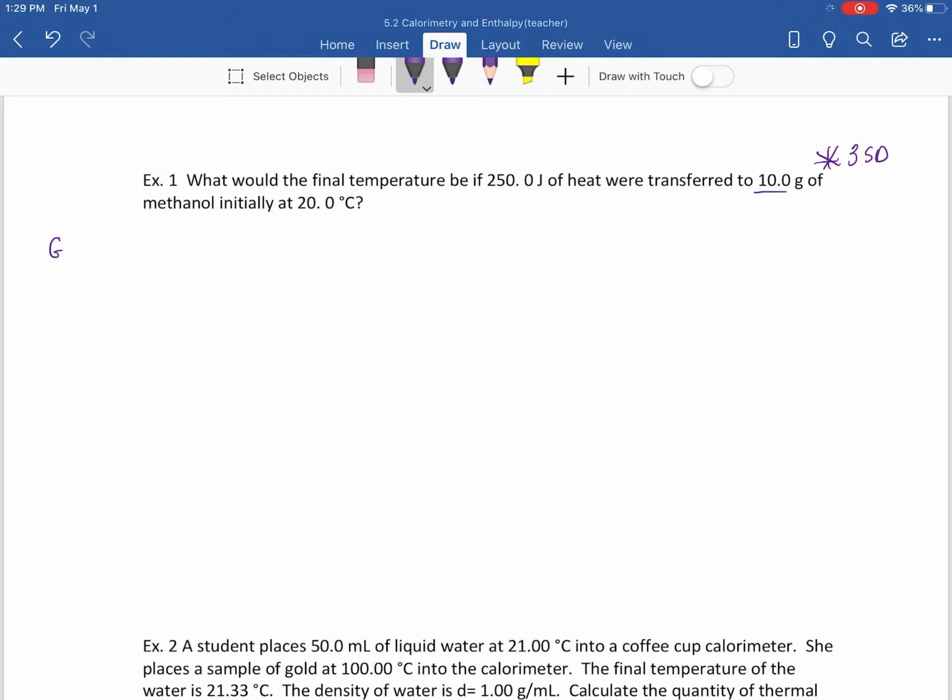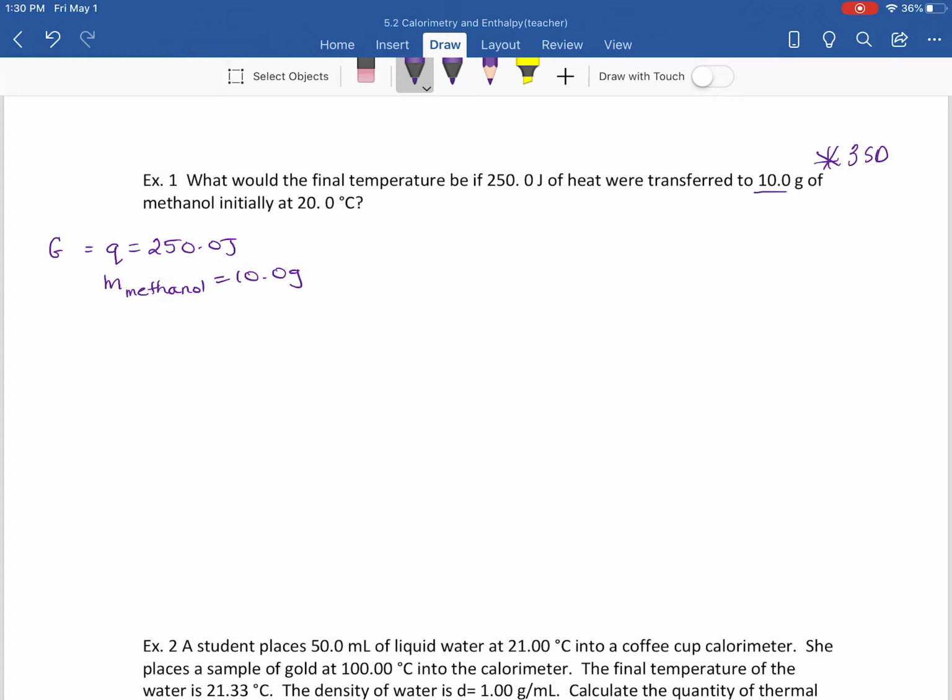Okay, so what have I been given? I have been given that Q equals 250 joules of heat. I've also been given that my mass of methanol is 10 grams.